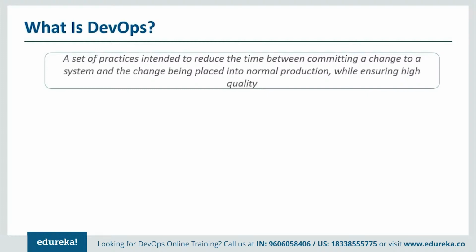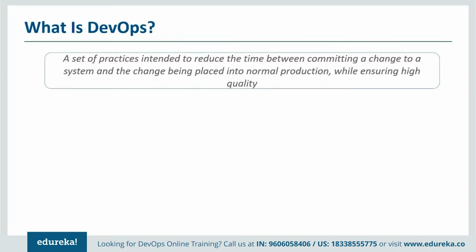But DevOps means that, from committing a change to finally taking that change to production, it can help you reduce the overall time and provide you a standard set of practices that makes your deployment very, very smooth. Of course, it can also help you maintain high quality in your application. This means if you want to do testing, if you want to do some reviews, all these things are covered in DevOps.